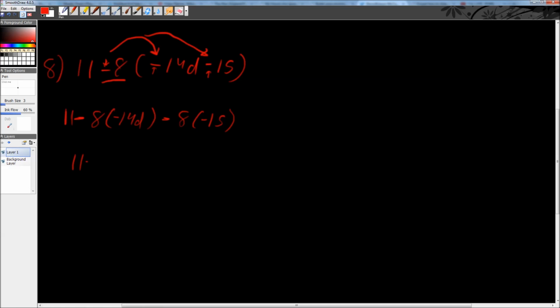So 11 minus 8 times, negative 8 times negative 14d is positive 112d. Negative 8 times negative 15 gives you positive 90. Combine like terms. This is the only one with a variable, so just leave it. 11 plus 90 is 101.